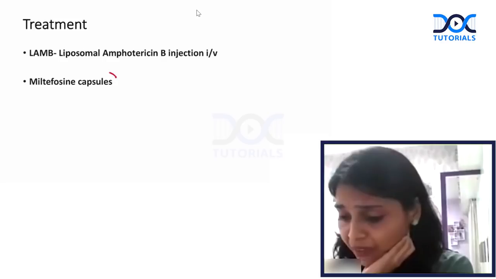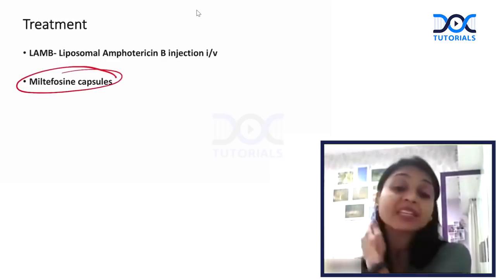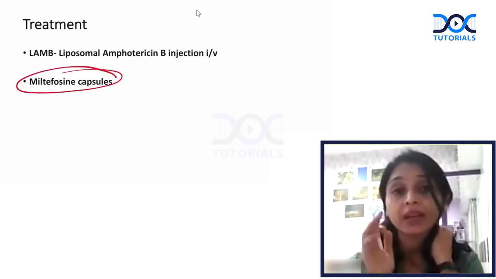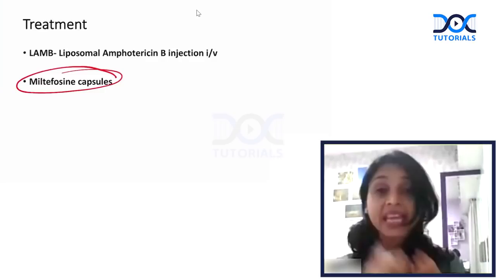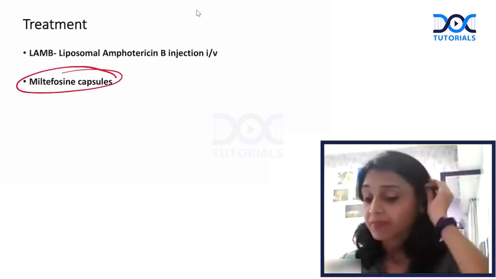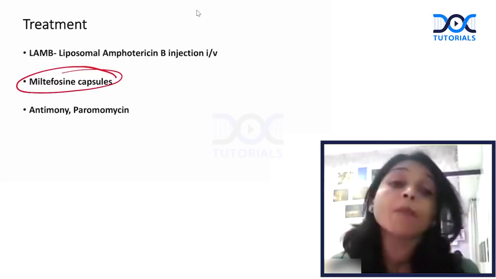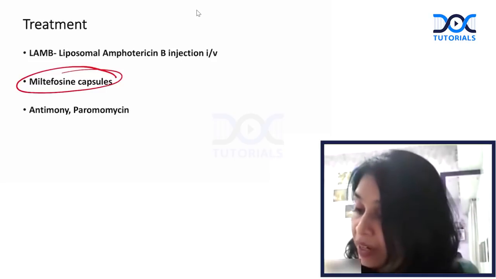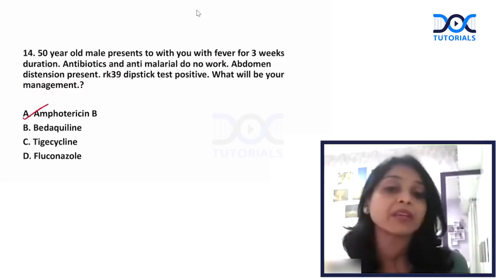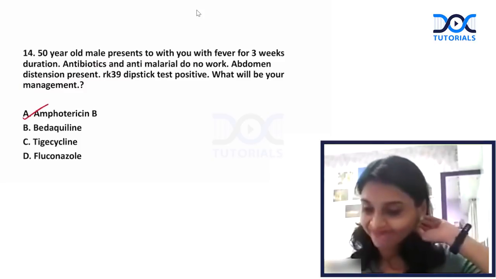This was a previous MCQ: which is the oral drug given for leishmaniasis in India as per the program? That is miltefosine. Two more drugs are there, antimony and paromomycin. So the important ones are amphotericin and miltefosine. And the answer here was amphotericin B, which I am almost sure everyone got correct.